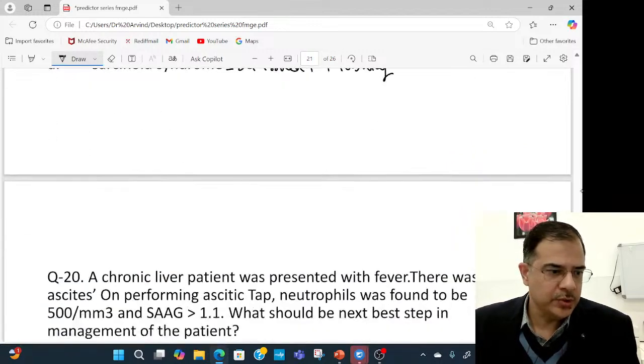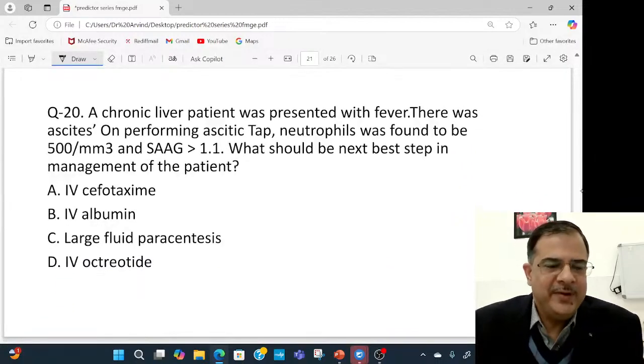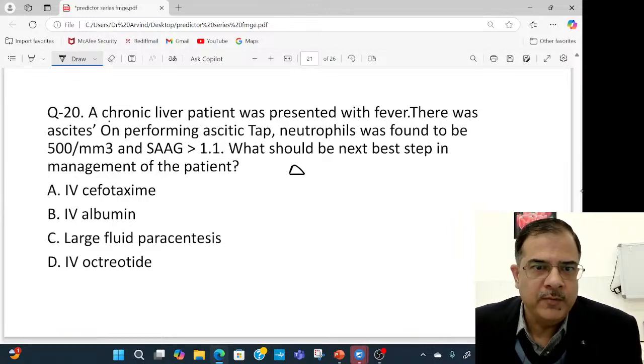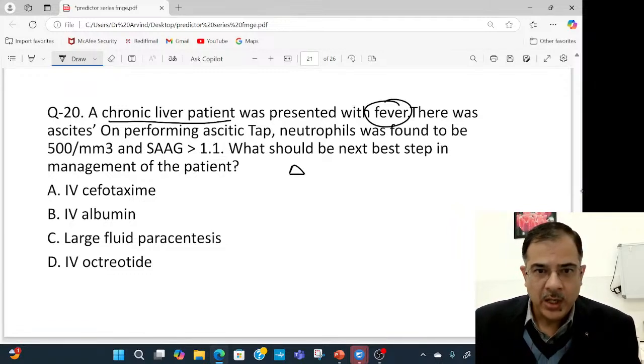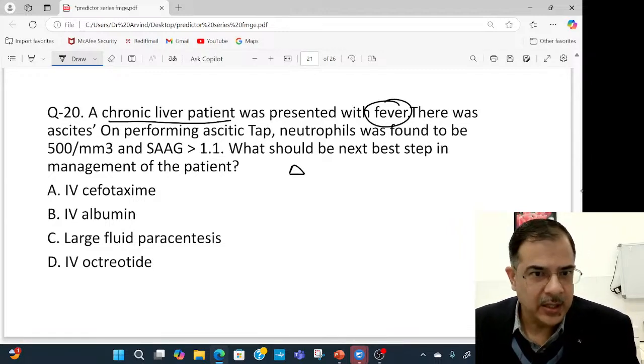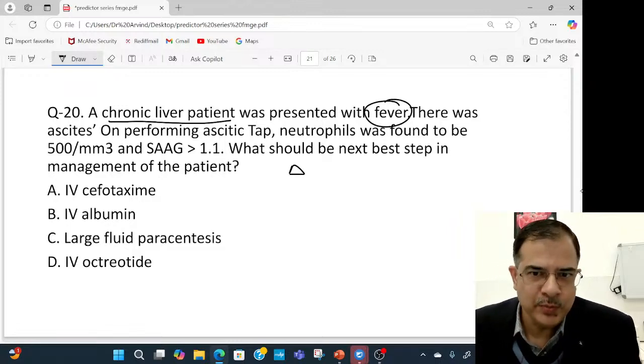Next question is question number 20. Okay, now I will wait for your answer. What is your diagnosis in this condition? Patient of chronic liver disease presents with fever. Ascites was present, and in the ascitic fluid, neutrophils were found to be 500, and SAAG gradient is more than 1.1.